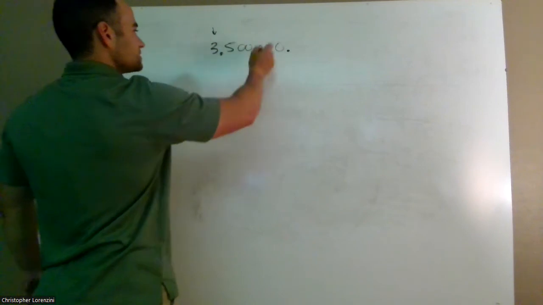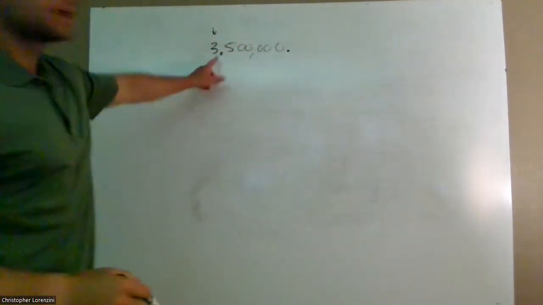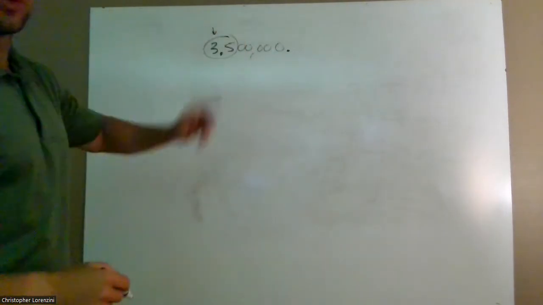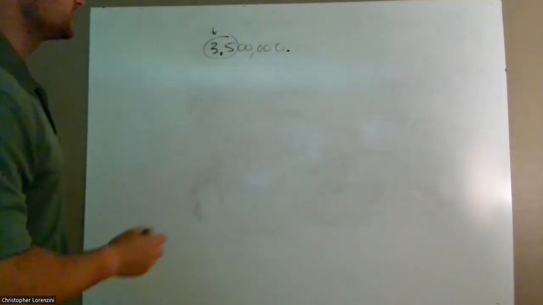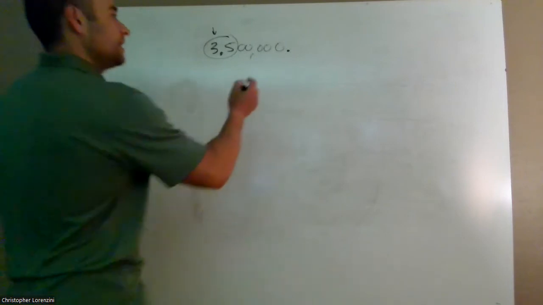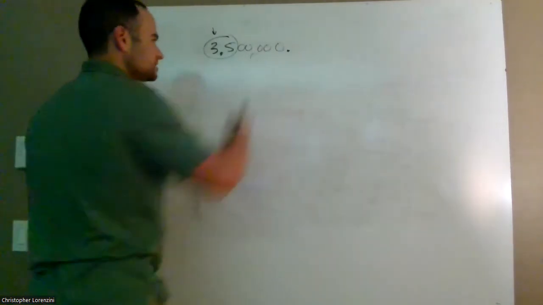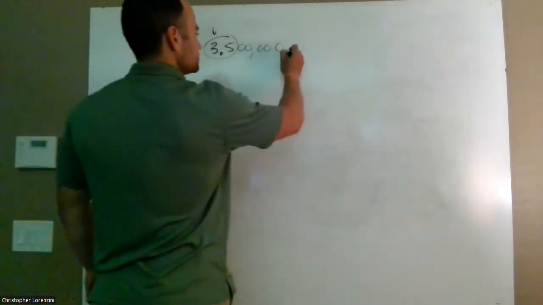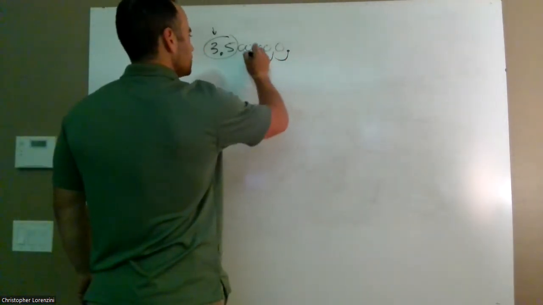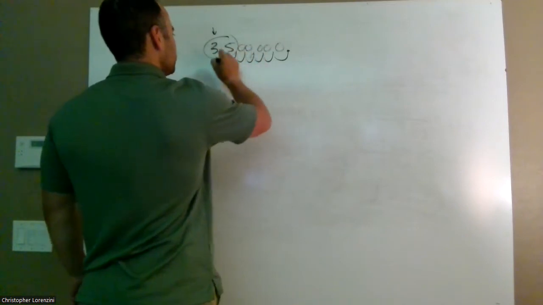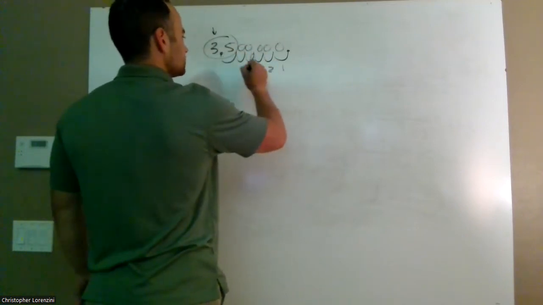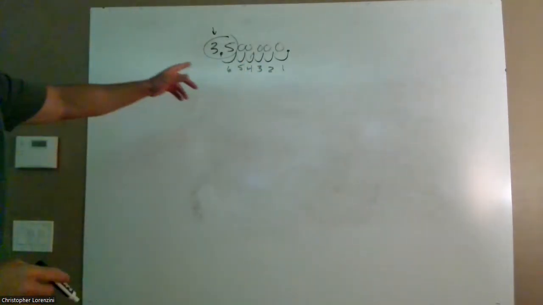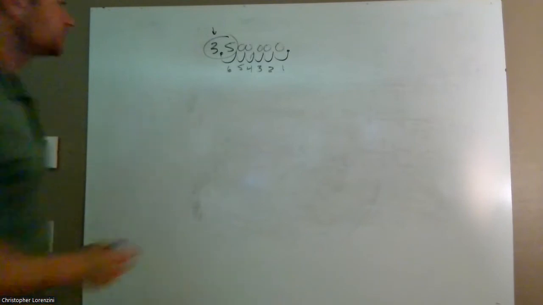Once I do this, this is going to give me that A value we talked about earlier, 3.5, the number that needs to be between 1 and 10. And then I need to figure out how many decimal places I am moving this decimal, how many units. So we go 1, 2, 3, 4, 5, 6. So I'm moving this 6 digits.